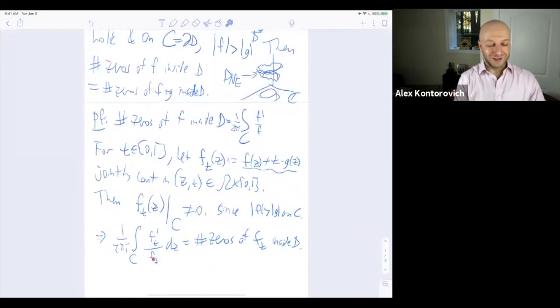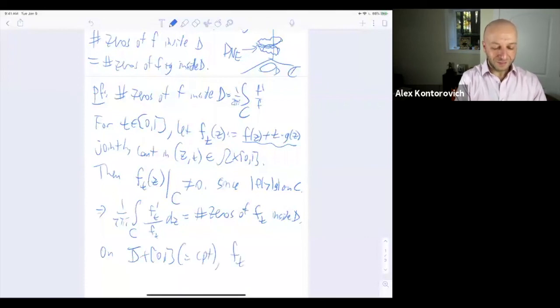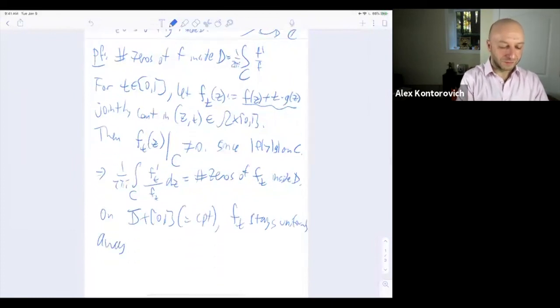In fact, if we're looking at the closed disk cross [0, 1], which is compact, f_t stays uniformly away from 0. So this denominator really doesn't do anything funny. You can think about it either on the closed disk or just on the circle.